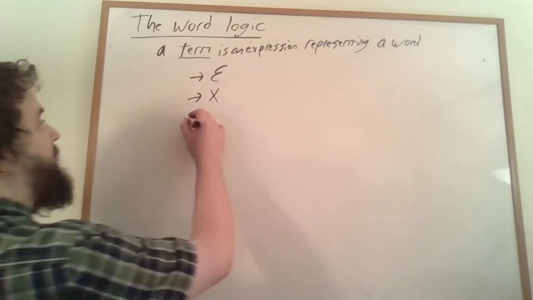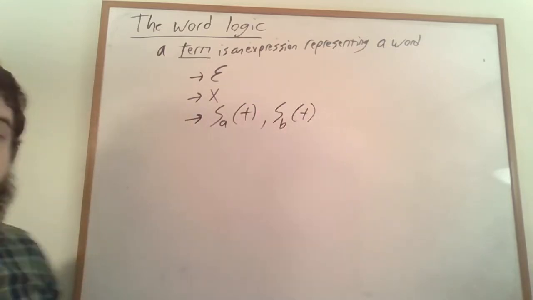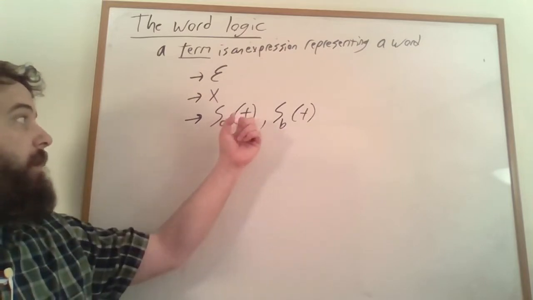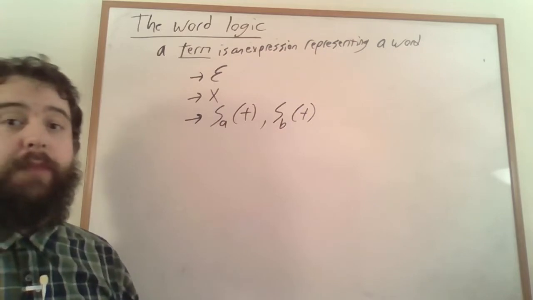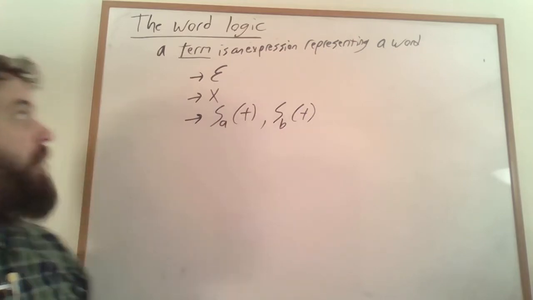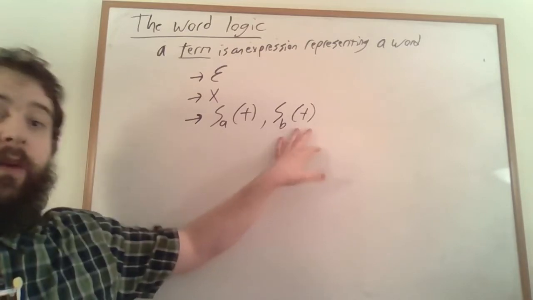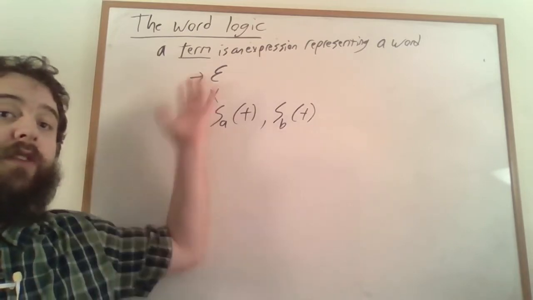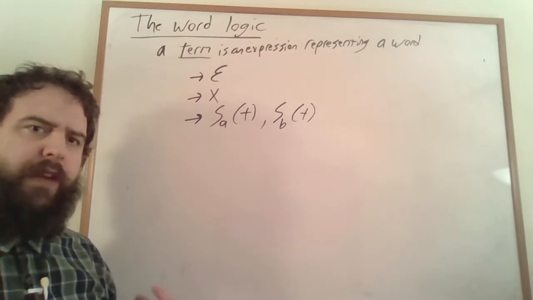And then finally, if we have a term, we can, of course, construct another term from it by taking the successor A of that term or the successor B of that term. And so together, from this base and this generating process, we are able to generate all of the terms in this particular logic. And occasionally I'll use shorthand when it's convenient.